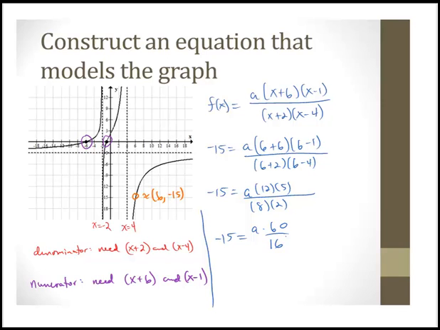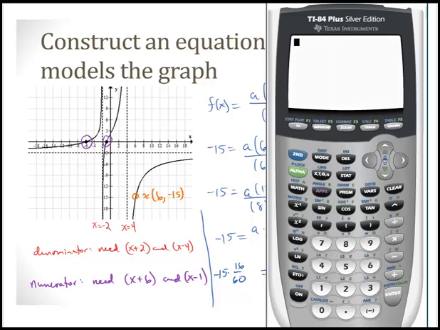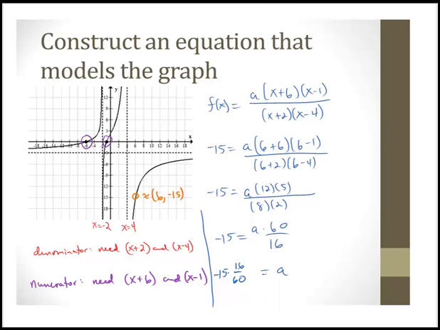Alright, so now solving for a, we would have a is equal to negative 15 times 16 over 60. Alright, and I'll use the calculator at this point. Negative 15 times 16 over 60 is negative 4.